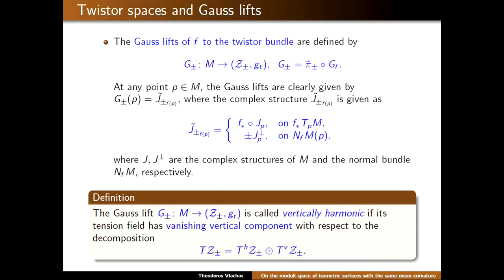This means exactly the following: take a point P on the surface. The image is just this complex structure, defined in that way. It is the rotation on the tangent plane of pi over 2 and the rotation on the normal plane of angle plus or minus pi over 2.